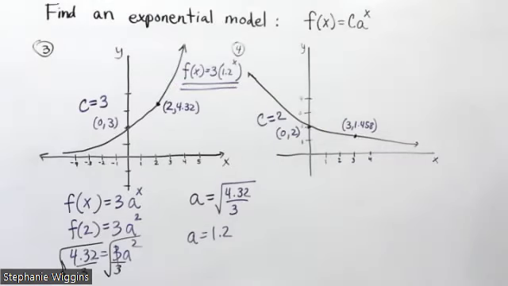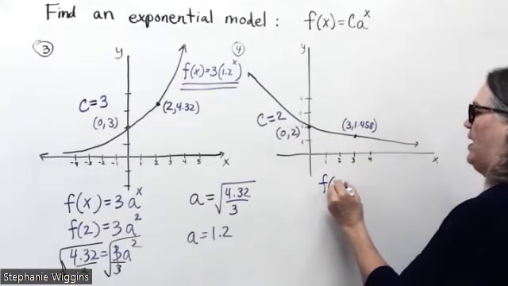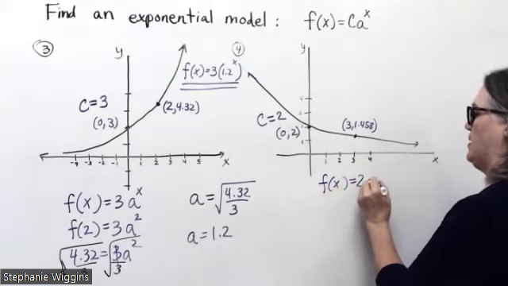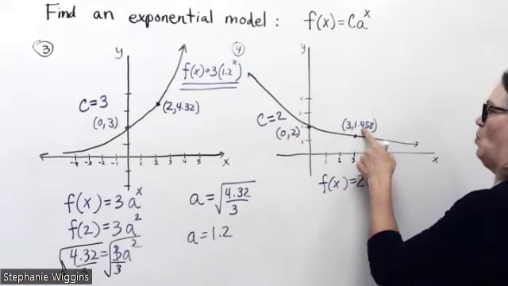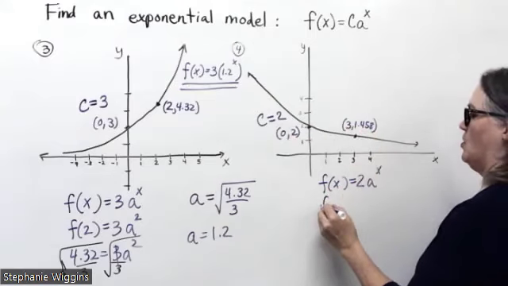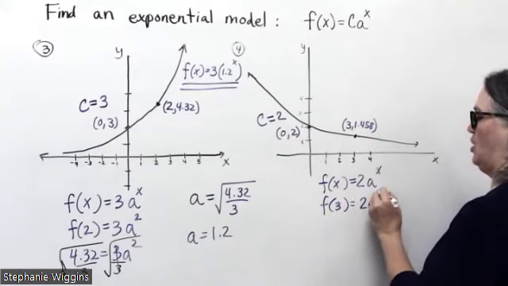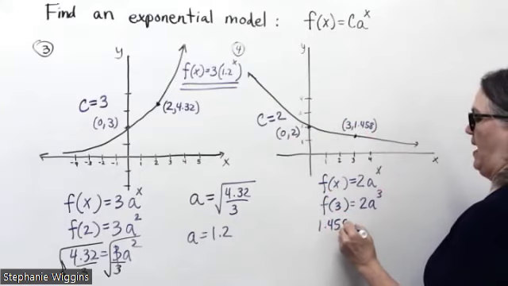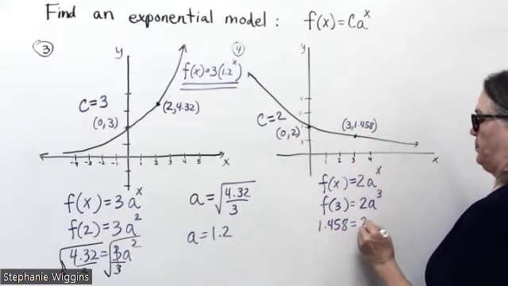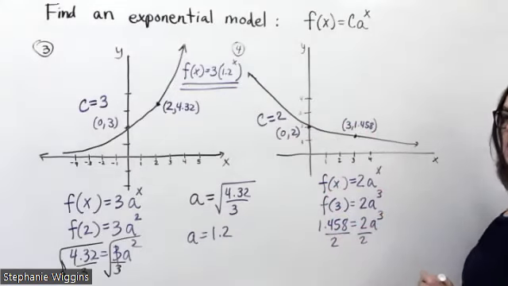Now to find this one, again, c equals 2. So our model is f of x equals 2 times a to the x. And if I plug in 3, I'm going to get 1.458. So f of 3 is 2 times a cubed, and f of 3 is 1.458. I'm going to divide both sides by 2.